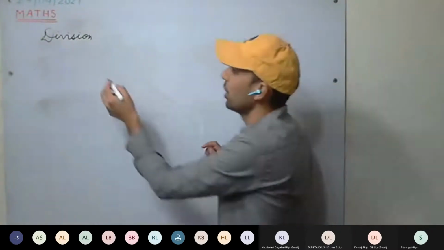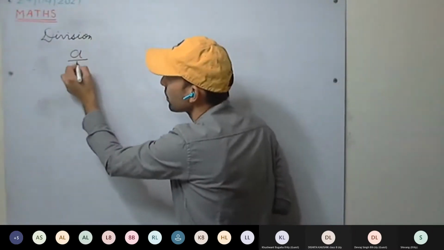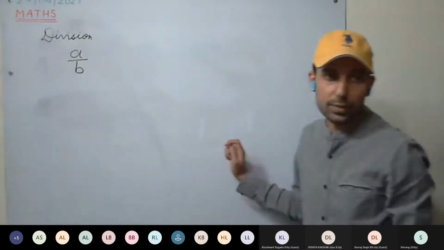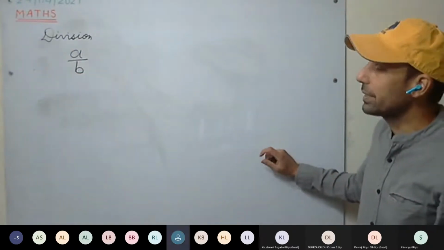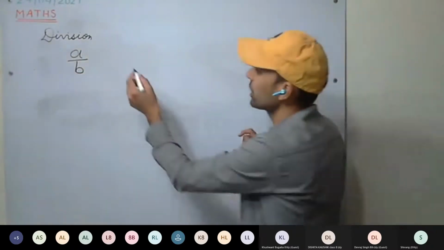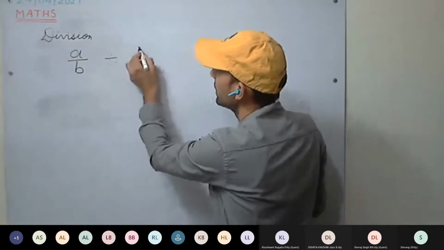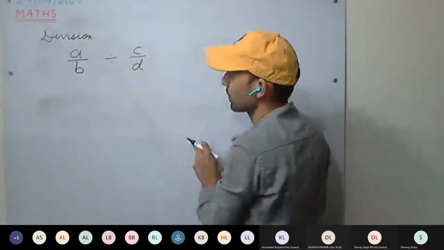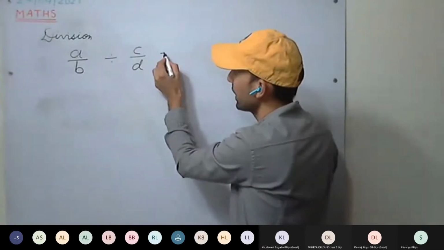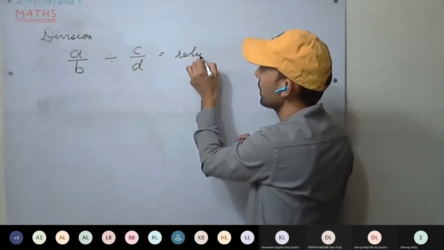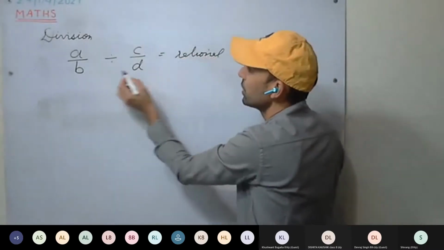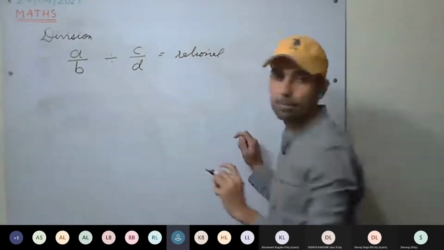Here some condition is there. For example, a by b is a rational number, and we have to divide it by c by d. Then the result is also a rational number.